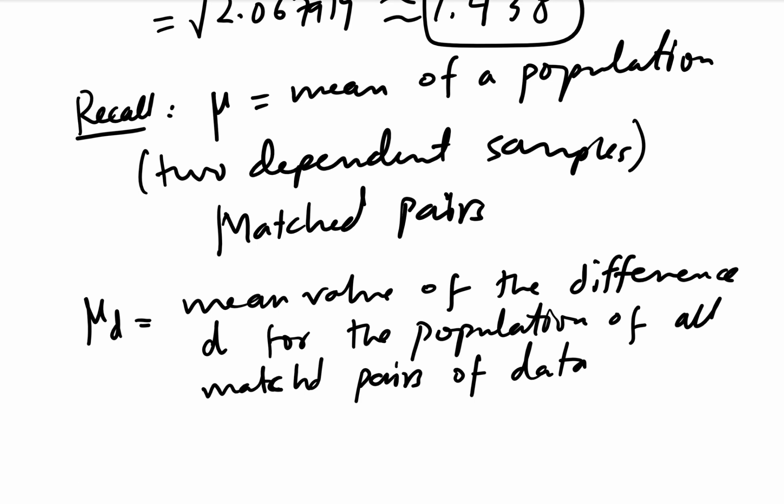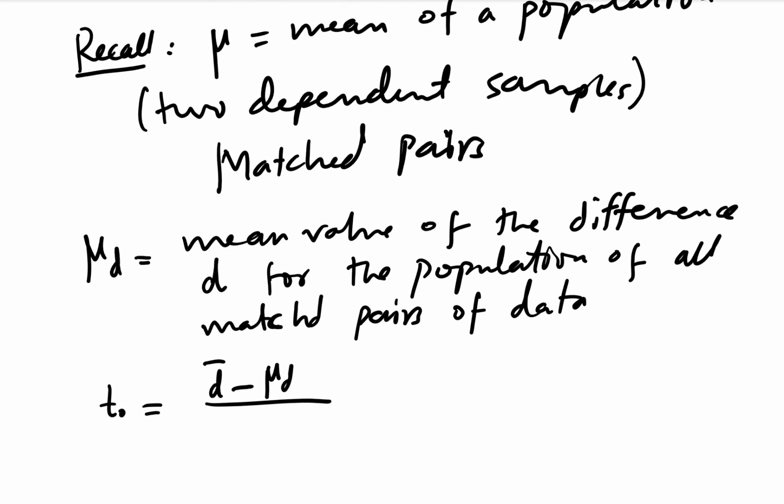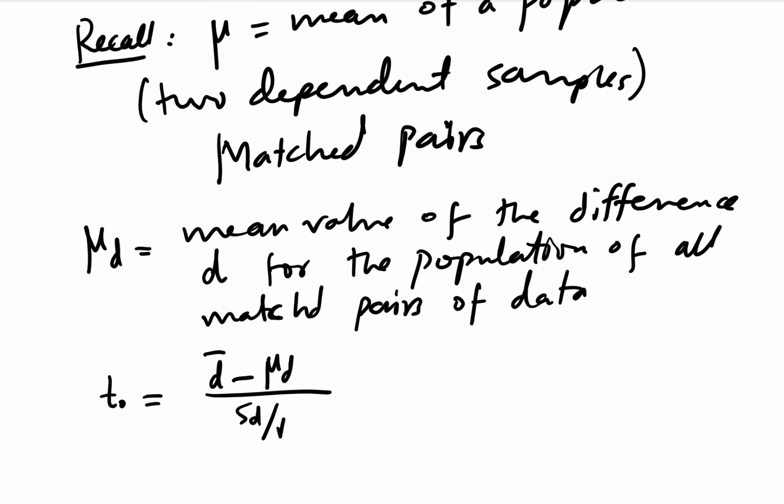We use the t value, or t distribution, t sub 0. The formula, if you guys remember, is d bar minus mu d over sd divided by the square root of n.